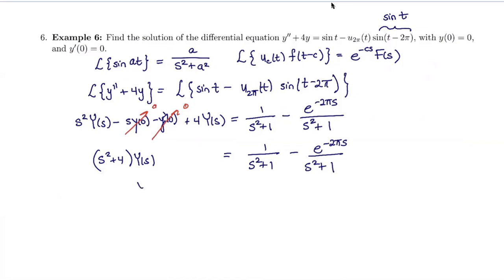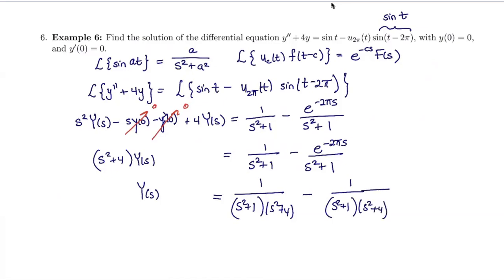Dividing through both sides by s squared plus 4 will give us 1 all over s squared plus 1 times s squared plus 4 minus 1 over s squared plus 1 times s squared plus 4 times e to the minus 2 pi s.